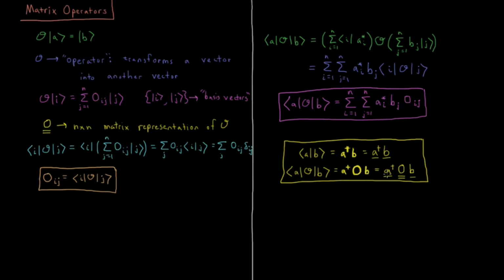So row vector A times matrix O times column vector B is going to give us a scalar as a result. Remember, a matrix times a column vector gives us a column vector, and then a row vector times a column vector gives us a scalar.